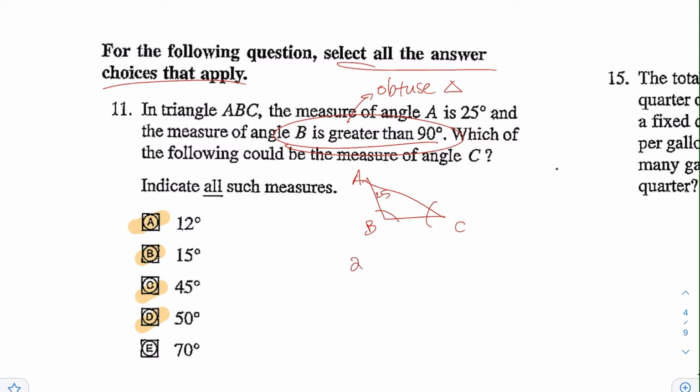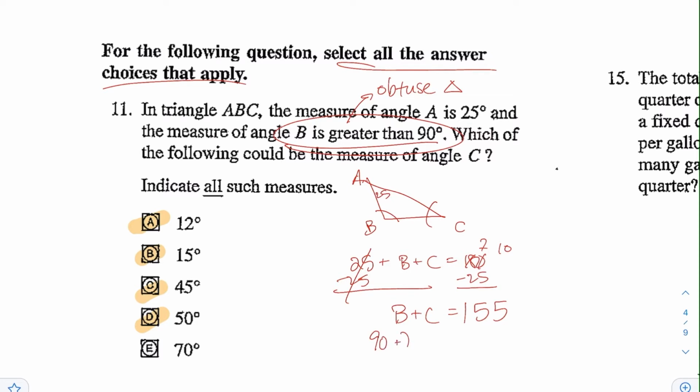So you know that 25 plus B plus C has to be 180. So if you subtract 25 on both sides, you get that B plus C has to be equal to 155. But you know that B has to be greater than 90. So it's greater than 90 degrees.